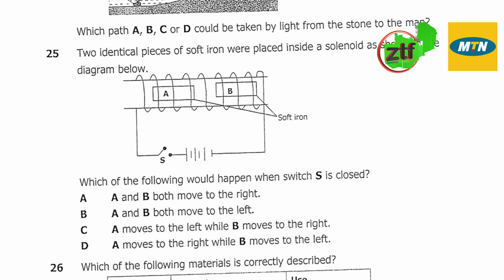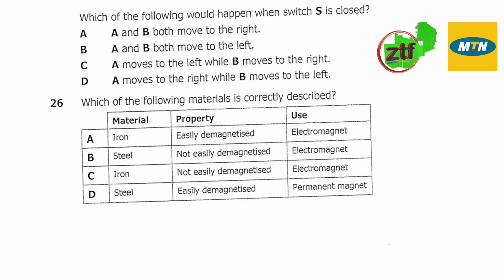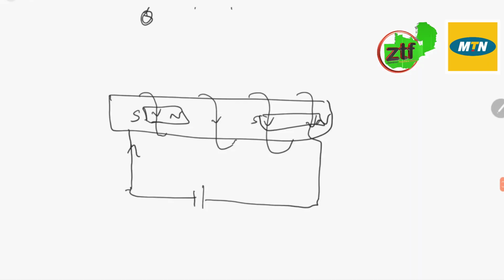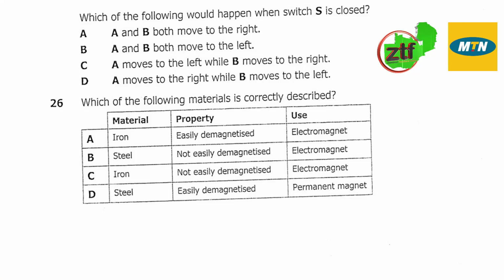26. Which of the following materials is correctly described? Here they are just talking about the magnetic properties of steel and iron. We know that iron is easily magnetized and steel is not easily magnetized. Once magnetism has taken place, steel keeps magnetism for a long time, while iron does not retain magnetic properties for a long time.